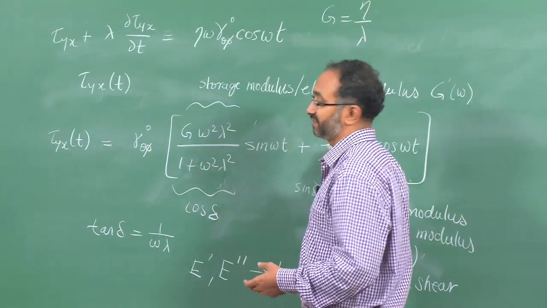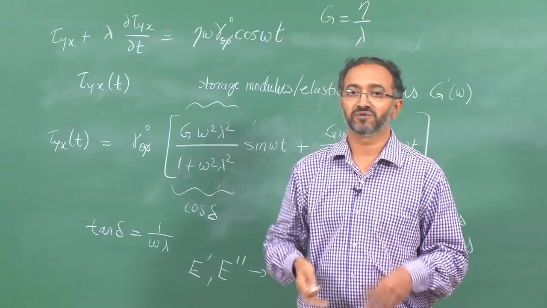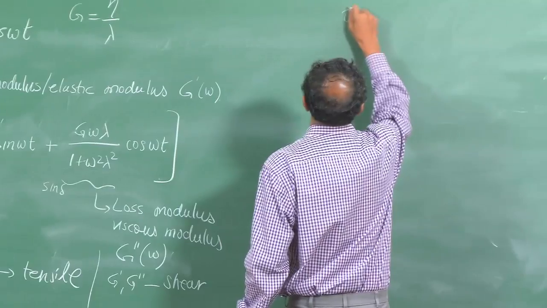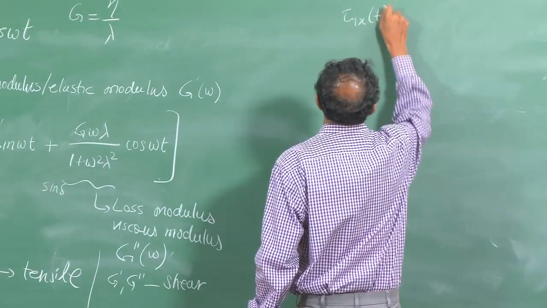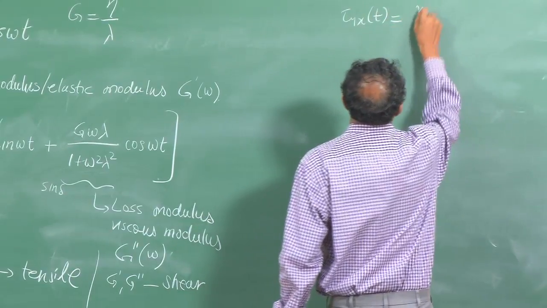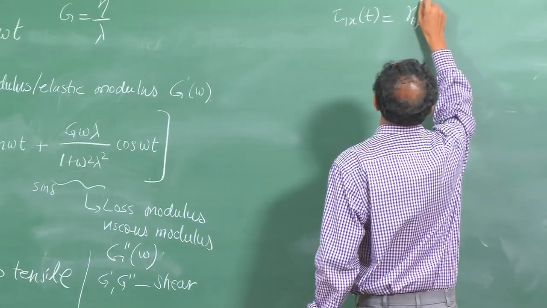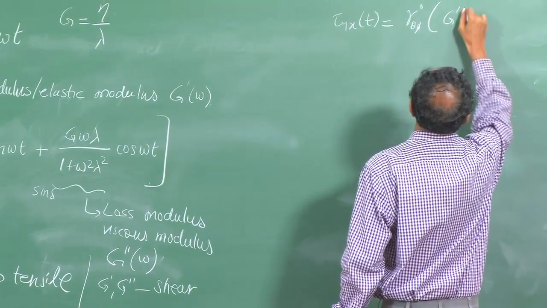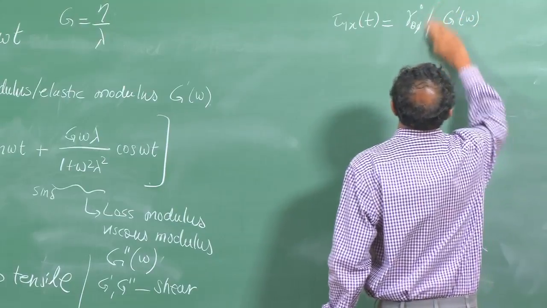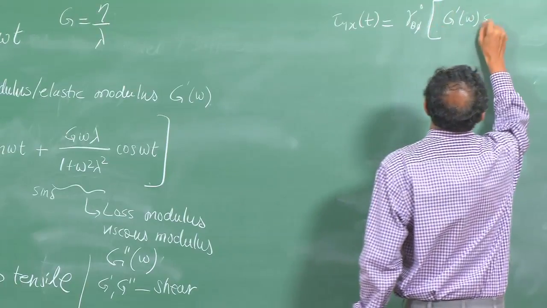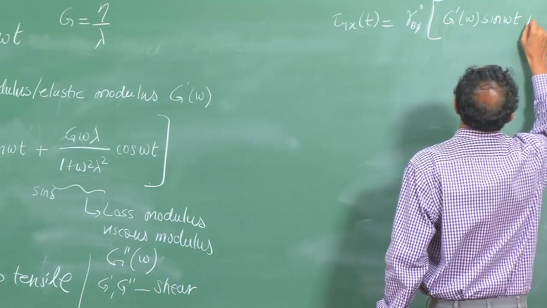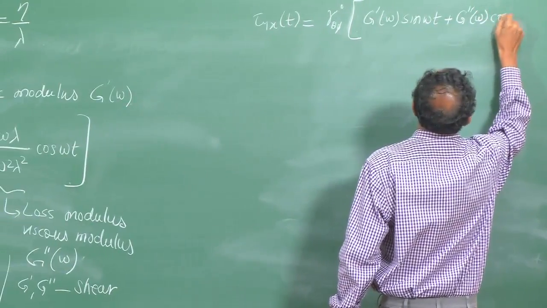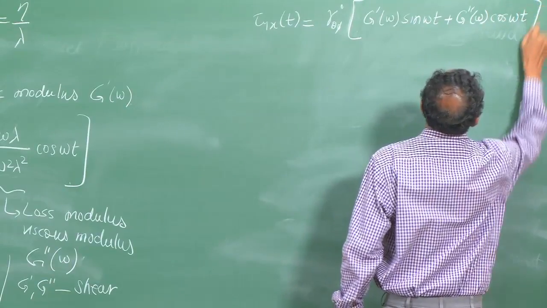So G prime and G double prime contain information about what the model is like. In general we can write T y x as gamma naught times G prime, which is a function of omega, sin omega t, plus G double prime, which is also a function of omega, cos omega t.